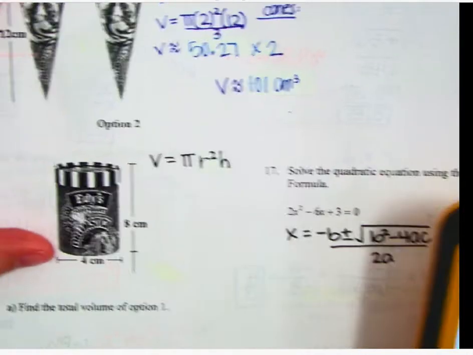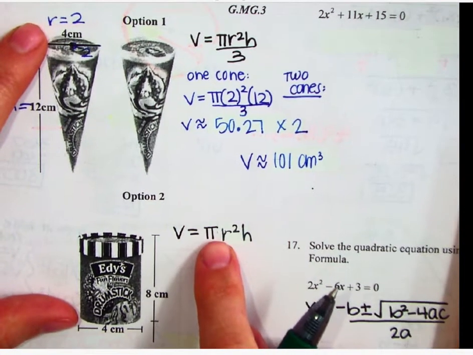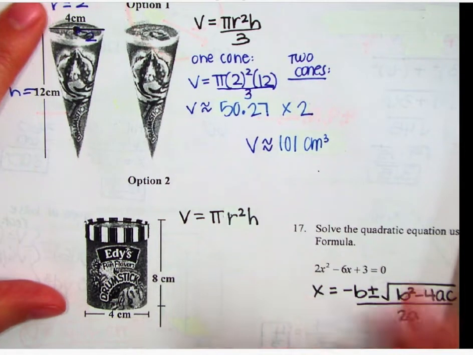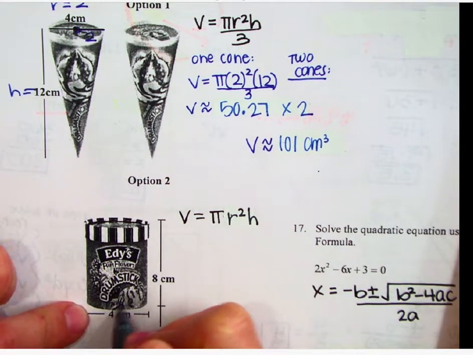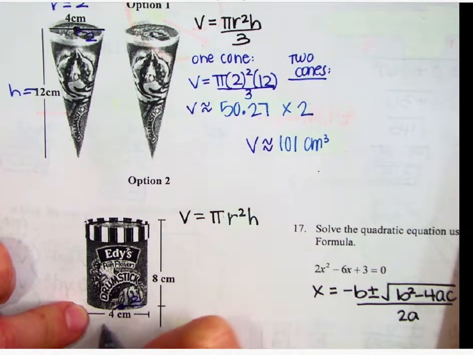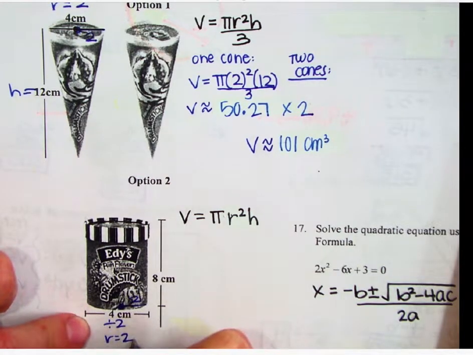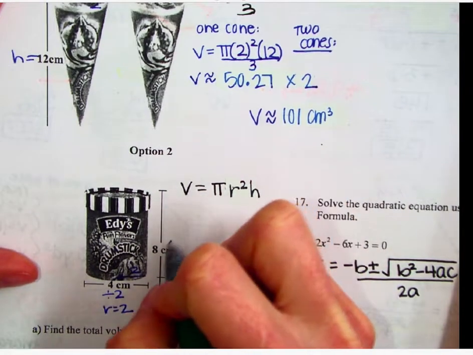In option 2, we have our formula for the cylinder, which is pi r squared times height. And again, we are given diameter, but we need to know to divide that by 2 to get the radius. So here's our height.